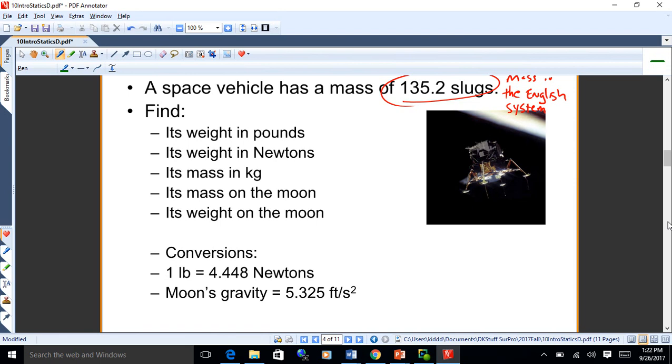So this is just going to be an exercise in converting things, and also in using the F equals ma formula, or its corollary, W equals mg.